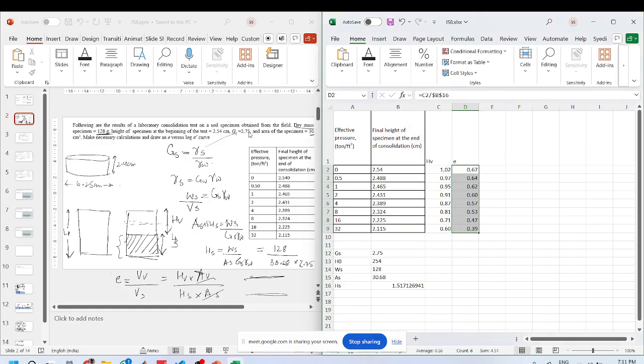Okay, so make necessary calculations and draw e versus log sigma.